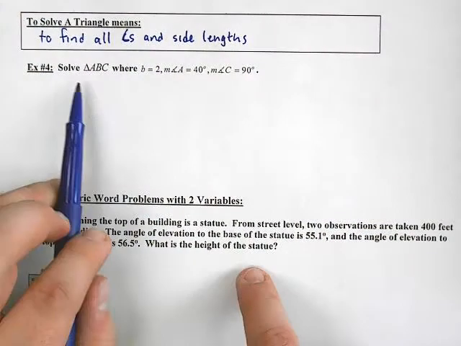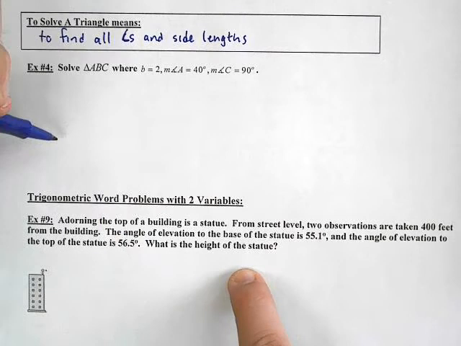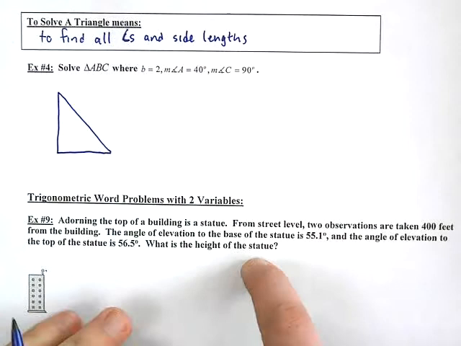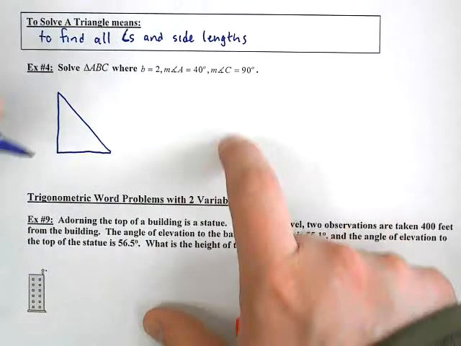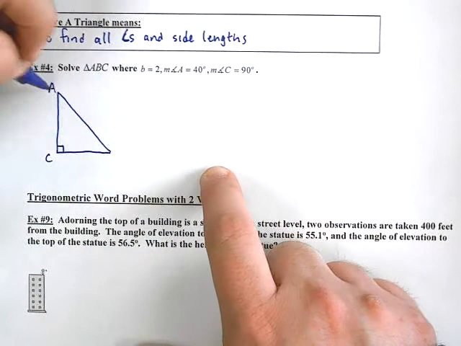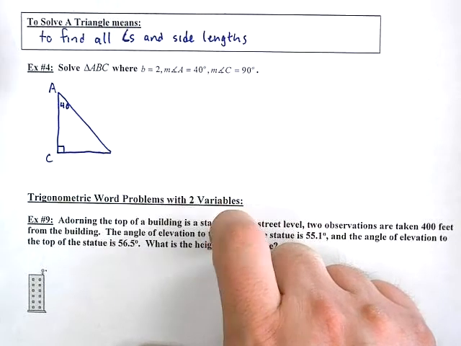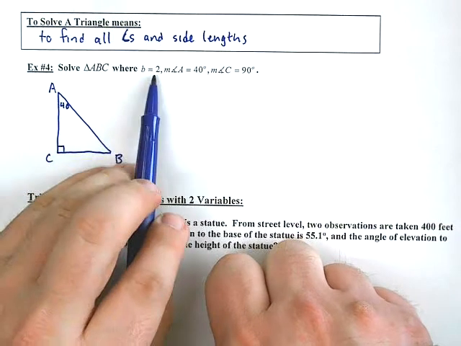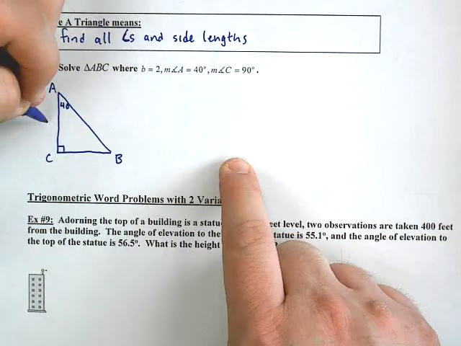So for example, if I say solve ABC, I need to draw ABC, and I can draw this because I knew angle C was a right angle. I knew A was 40 degrees, so this must be B then, and I know that the side opposite of angle B is 2.